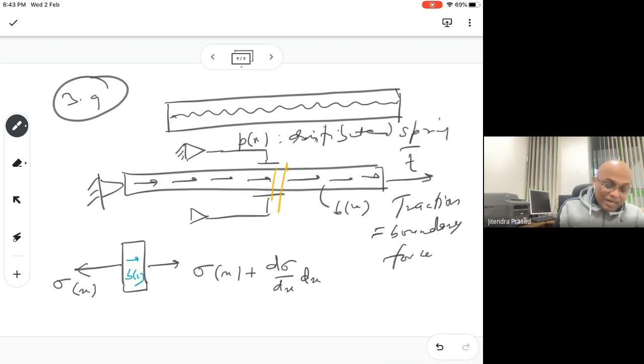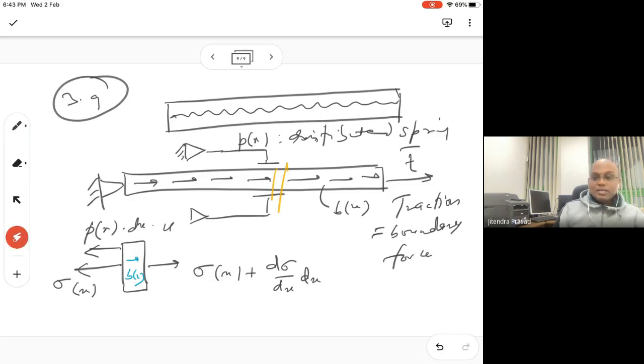Distributed spring means what? Force will depend on u basically. So if u(x) is the displacement here, then the force acting in this direction will be equal to px times dx times u.